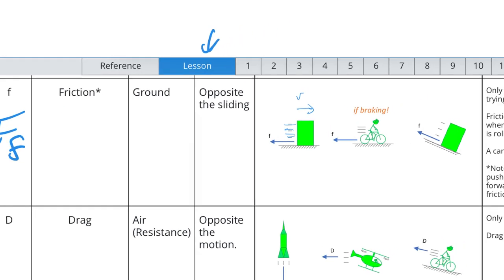If this bike guy is moving towards the right, friction, as he puts on brakes, or air drag, is to the left. If this box is sliding down a ramp, the friction is always opposing that velocity.